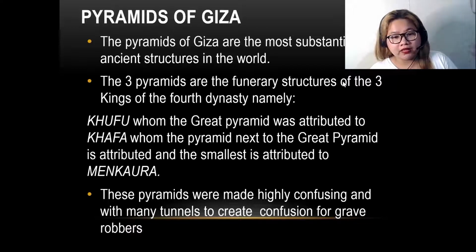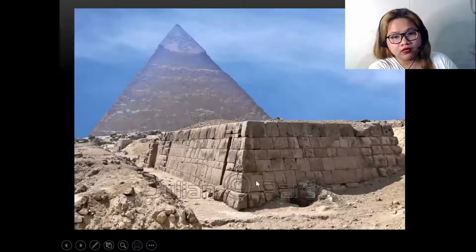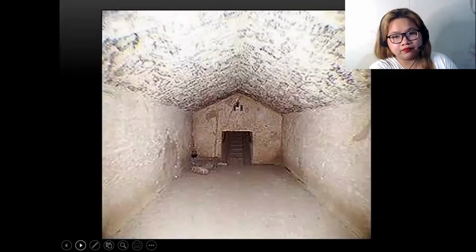So kaya madaming mga grave robbers na naaakit dito kasi nga merong mga kayamanan sa loob nito, lahat ng mga tomb. So hindi siya myth lang na merong kayamanan sa loob ng mga pyramids. Okay, so ito lang yung opening niya. Ayan.